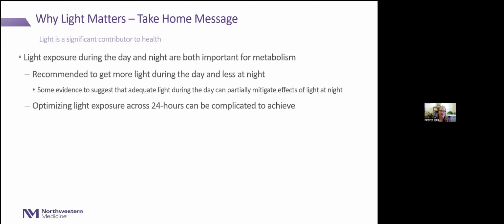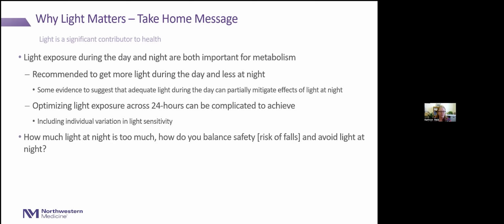Optimizing light exposure across 24 hours can be complicated to achieve. People have a lot of things going on, and there is a lot of external light at nighttime, sort of the sources of light at nighttime that we would need to reduce. And there's also things like individual variation in light sensitivity that we need to account for.